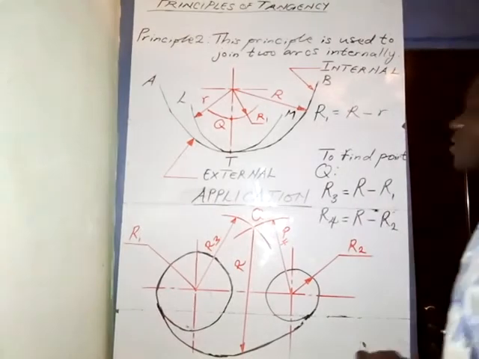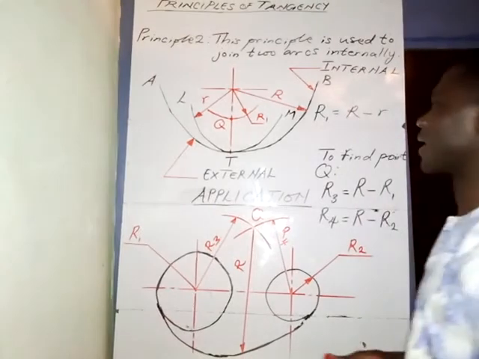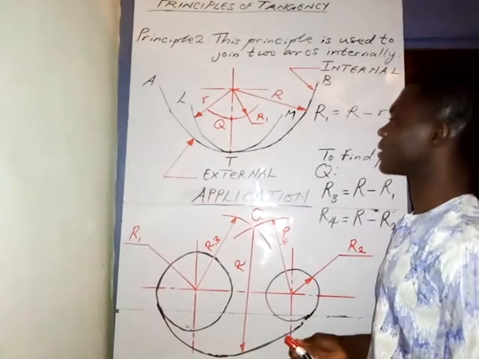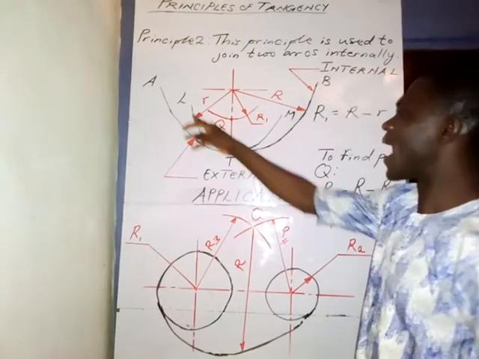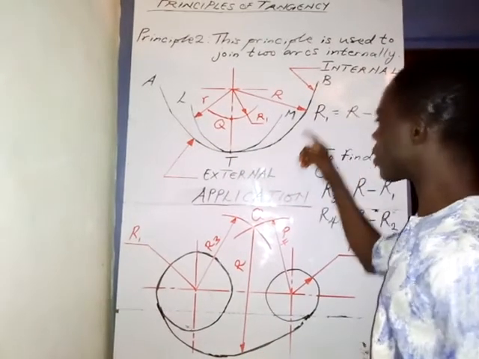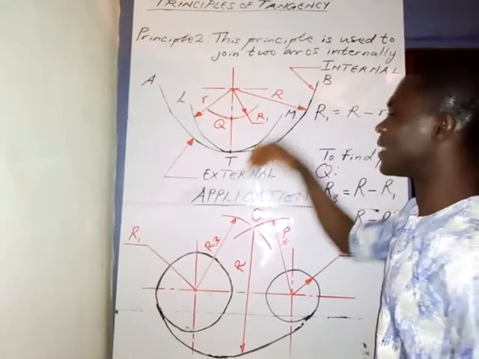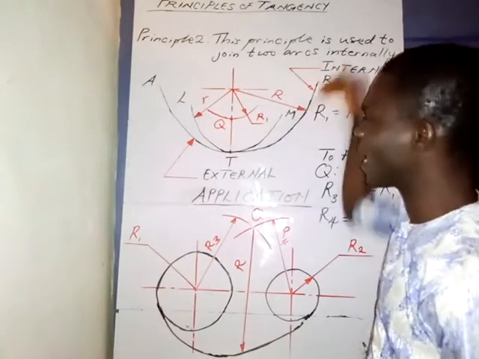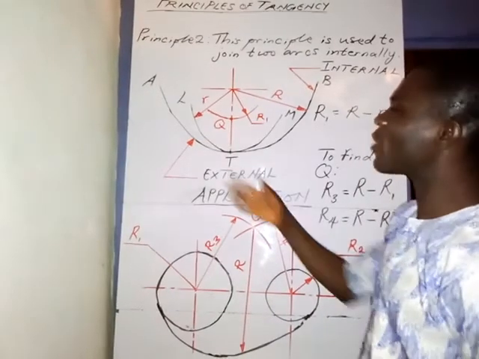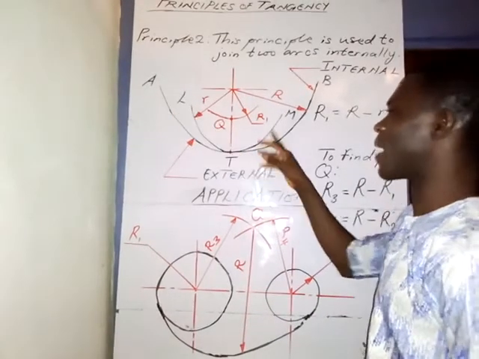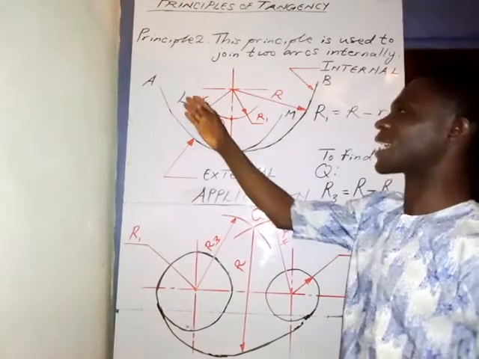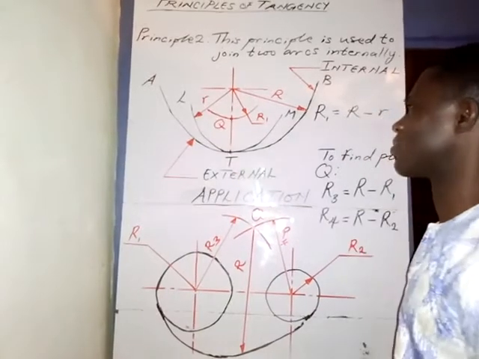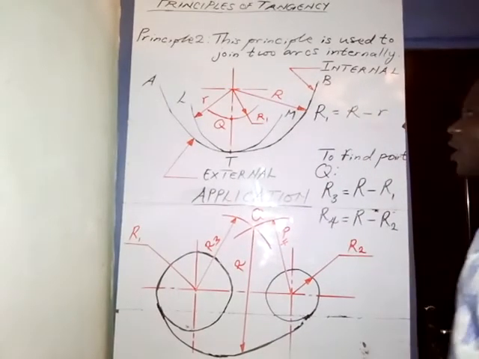So we have two arcs, arc AB and arc LM. Now, arc LM touches arc AB internally. It touches the internal part of arc AB. So how can we draw this arc LM to touch this arc AB internally? That's what I'm going to explain here.